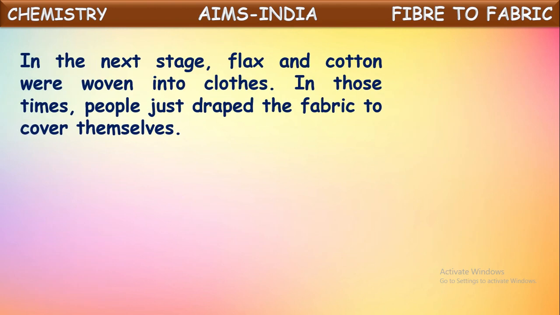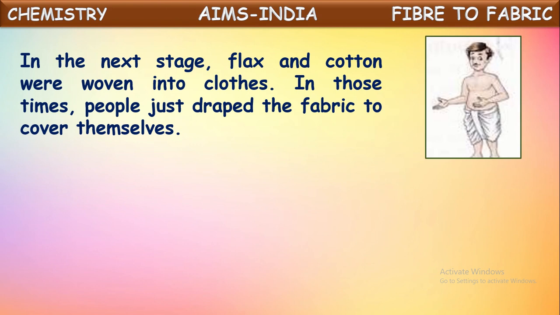Later on, in the next stage, flax and cotton were woven into clothes. In those times, people just draped the fabric to cover themselves. When they learned how to weave, they wove the cloth and just draped the fabric to cover themselves.